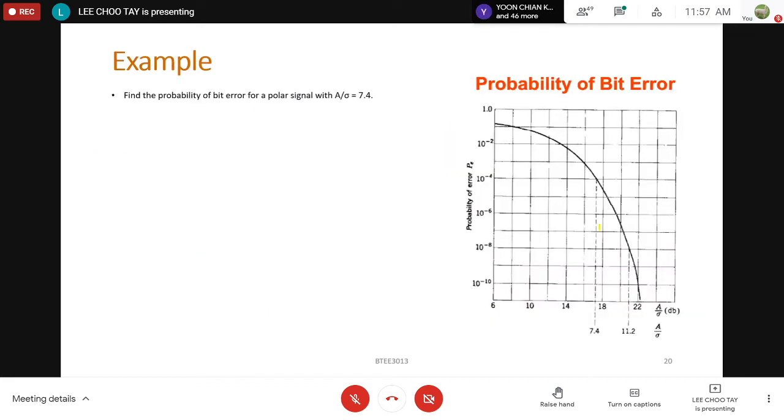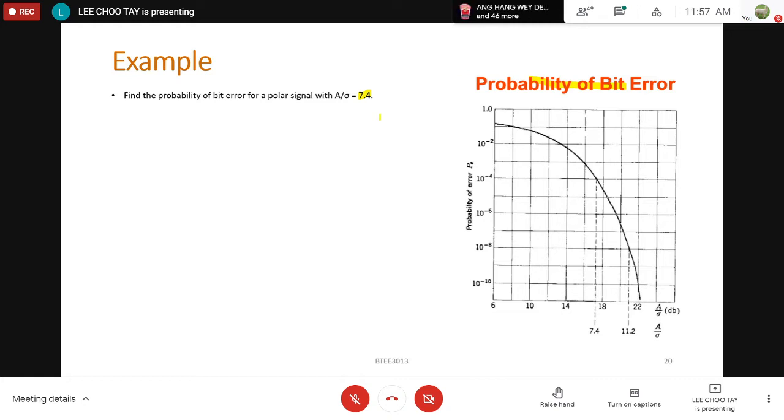All right, so let's look at an example. In this example, we are asked to find the probability of bit error for a polar signal with A over sigma equals 7.4. So again, this is a probability of error curve here. A over sigma equals 7.4 is a ratio in volts.